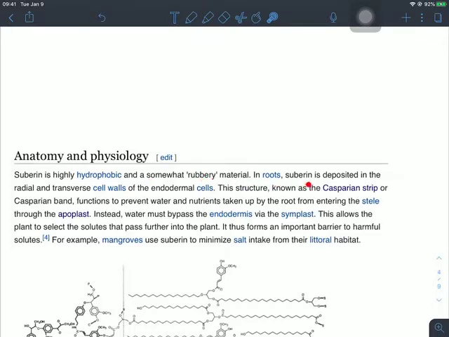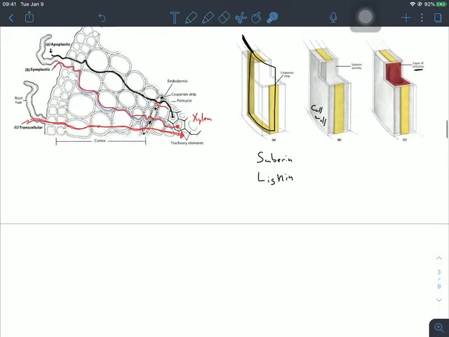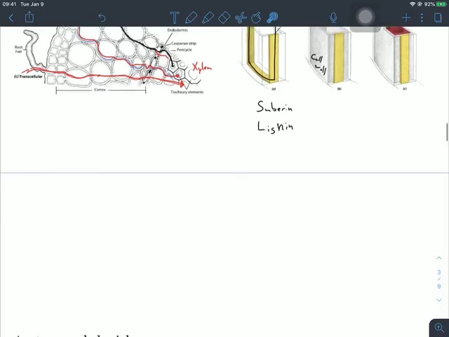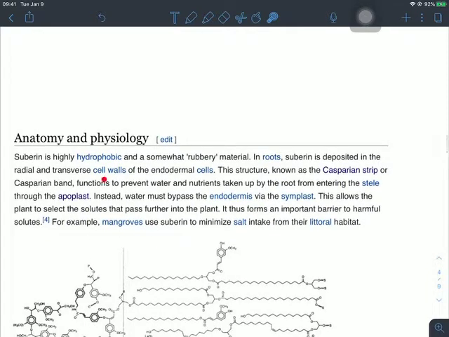In roots, suberin is deposited in the radial and transverse cell walls. So that means the radial and transverse. It is put against the sides and the top and bottom of the endodermal cells, the endodermis.